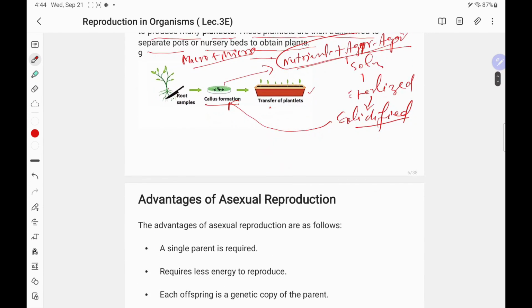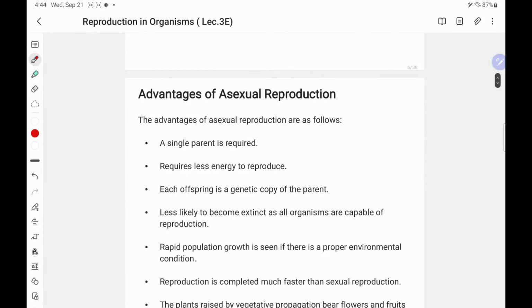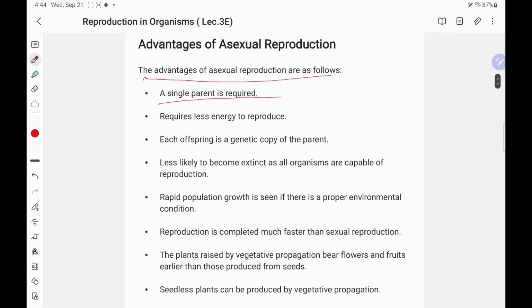Next, the advantages of asexual reproduction. What are the advantages of asexual reproduction? A single parent is required for asexual reproduction. It requires less energy. Each offspring is a genetic copy of the parent, identical to the parent. It is less likely to become extinct, as all organisms are capable of reproducing.